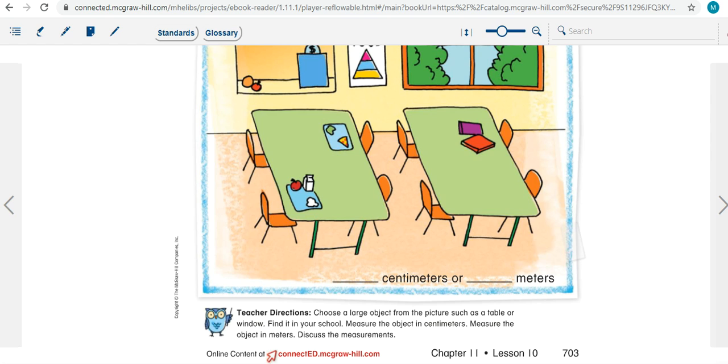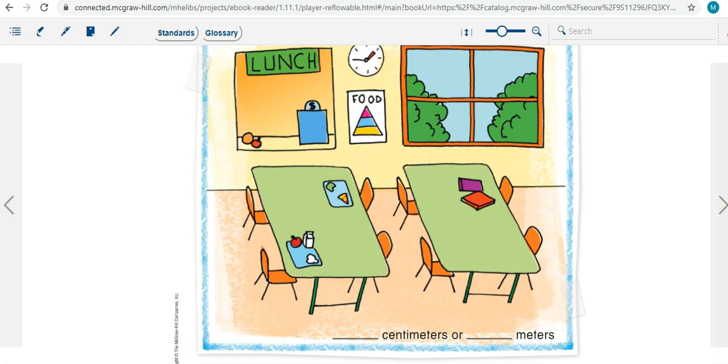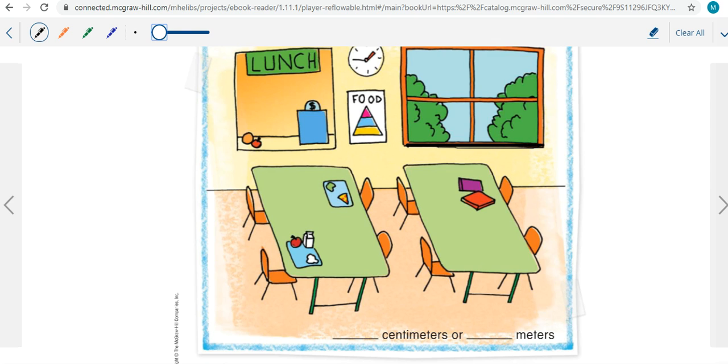Choose a large object from the picture, such as a table or a window. Find it in your school. Measure the object in centimeters and measure the object in meters. Discuss the measurements. Now let's say that we measure the window. We are going to measure this part of the window.